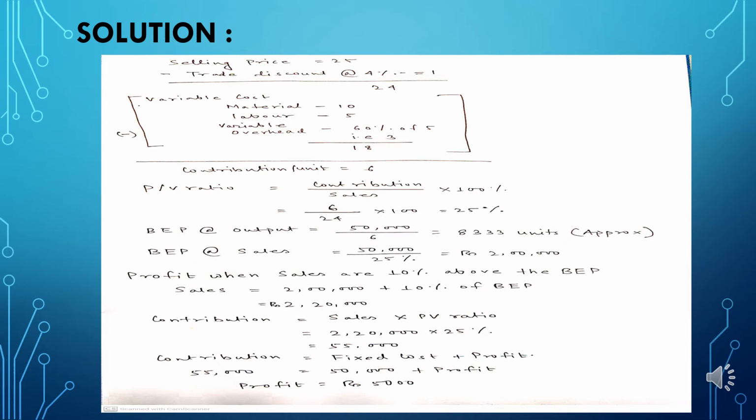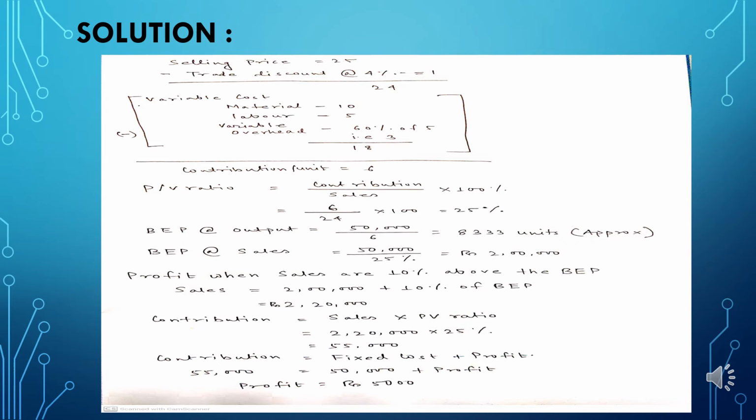rupees 6. So coming back now to PV ratio, we know that PV ratio is contribution per unit divided by selling price per unit. If we multiply it by 100%, we are getting the figure of 25%. Now if we consider the break-even point for output, it is practically fixed cost divided by contribution per unit.